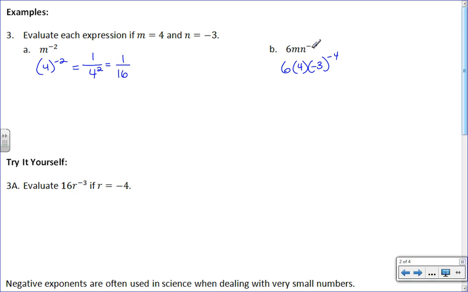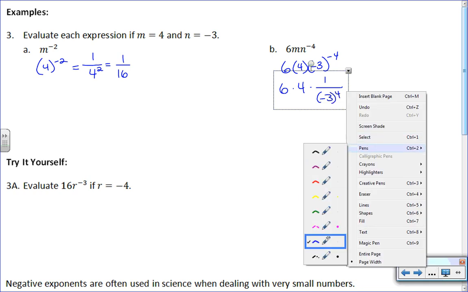That's one whole thing all by itself, and it's the only one that has that negative exponent. So now when we're multiplying these, this is the only one that needs to be rewritten. So this is just 6 times 4, and then times, we'll change this to a fraction, so it's 1 over negative 3 to positive 4. Notice that the sign of the exponent changed, but the sign of the number stayed the same. I'm not changing this negative 3, I'm only changing the sign of the exponent.